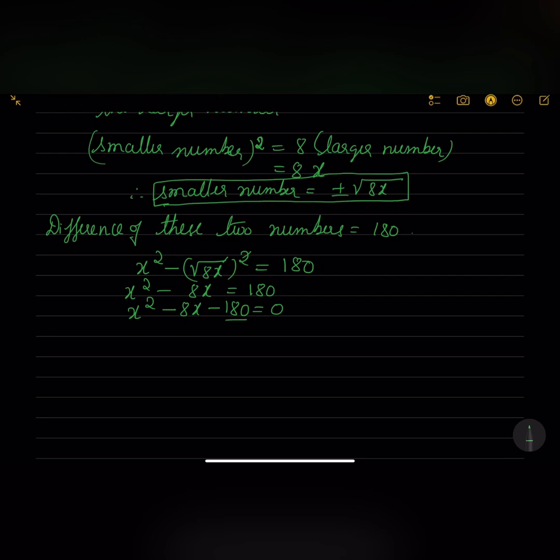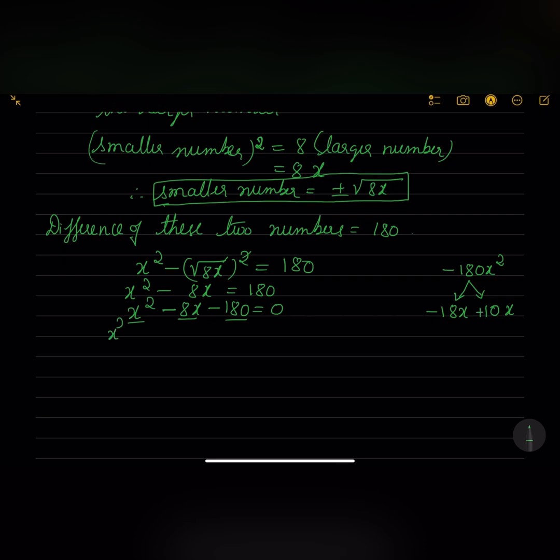Fine. And now we'll split the middle term. If we add or subtract, we should get 8x, and if we multiply, we have to get 180 x square. So we'll split the middle term by finding the factors. It is very simple, 18 tens are 180, right? And then 18x and 10x. Now where to put minus? Minus 8, so bigger number minus 18 and smaller number plus 10.